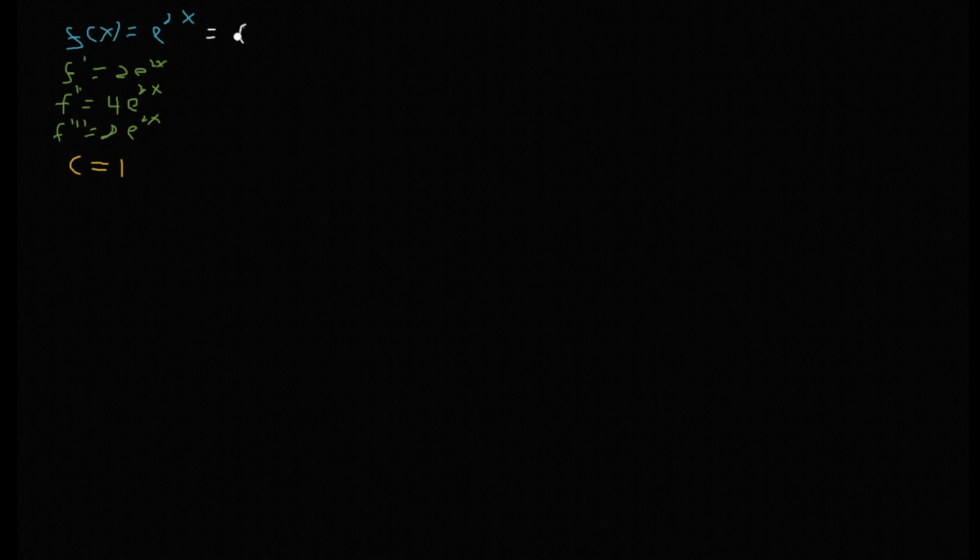So we have f of c, which is just e to the 2, plus f prime of c, so that's 2e to the 2x times x minus 1.